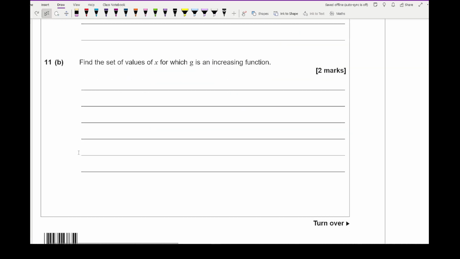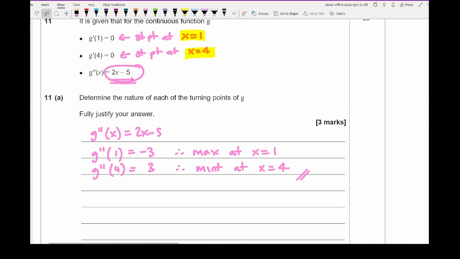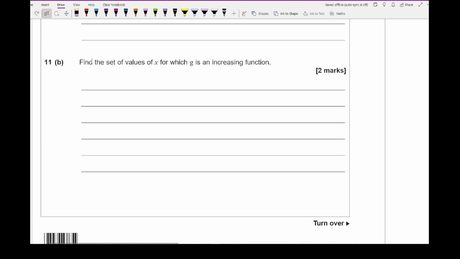Moving on to 11b, it says find the set of values of x for which g is an increasing function. As we've got our second derivative being linear, the first derivative will be a quadratic. The original equation, therefore, is going to be a cubic graph. So it's going to look something like this.